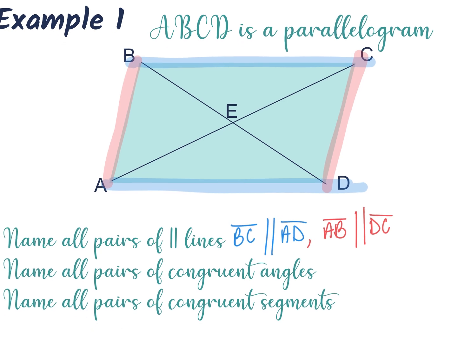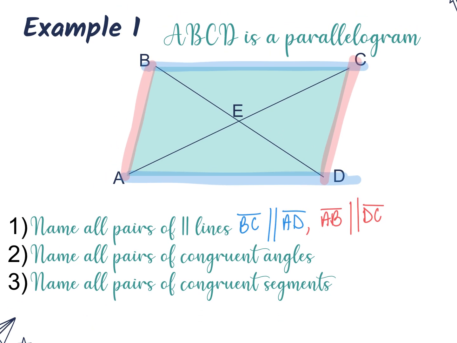All right, number 2 is going to have a lot. Name all pairs of congruent angles. We're going to have a lot of congruent angles for this one. So the obvious one: opposite angles are congruent in a parallelogram.